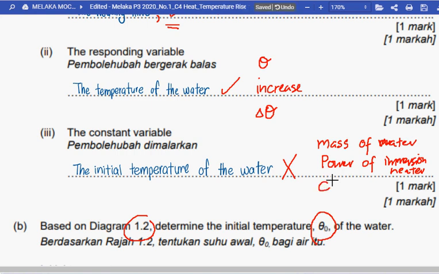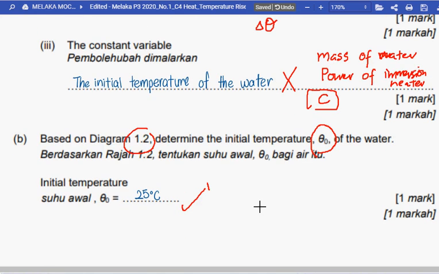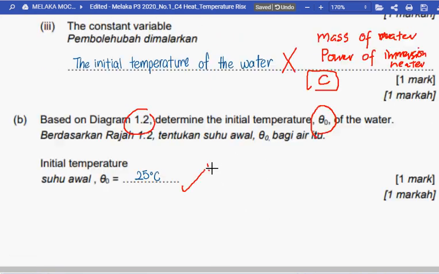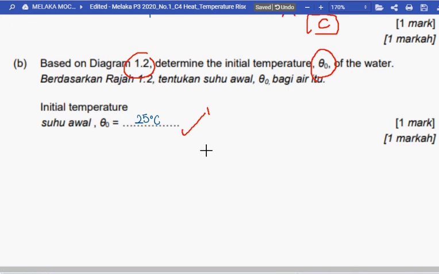But you don't write only the symbol. You write in full, tulis penuh specific heat capacity. Clear?